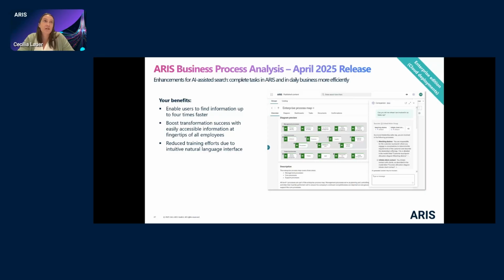So the companion in this release now has been improved even further. You can ask more query-like questions, as we like to call it. So instead of just getting an answer from one single process, we can basically generate answers from the entire ARIS knowledge base or from the entire repository.